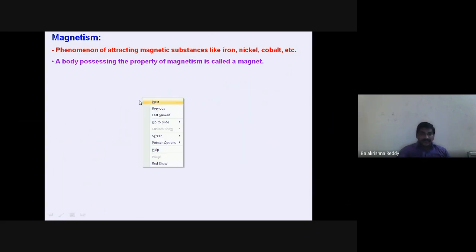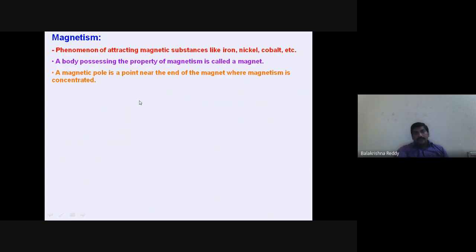Then you can see here, if you take the bar magnet, obviously a magnet has a polarity property. It concentrates all its magnetic properties at its poles. We found that till now there are two natural magnets.